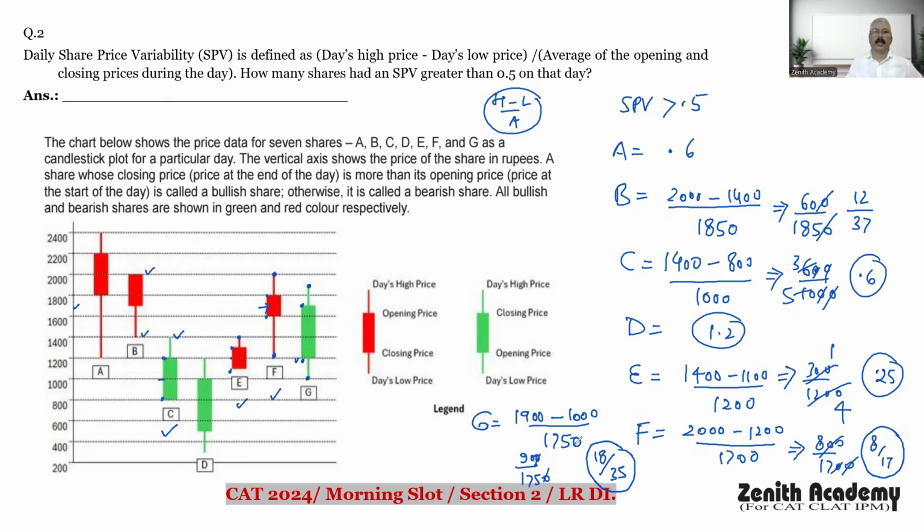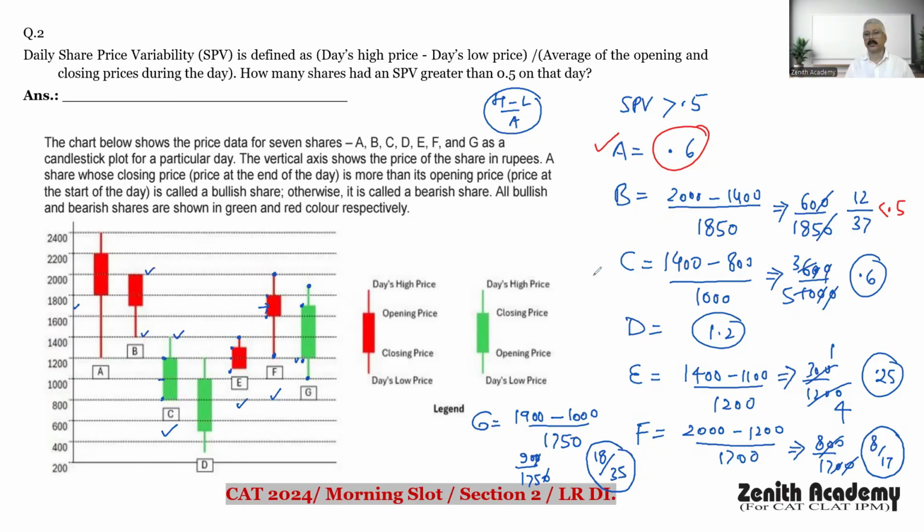Okay. Now the question is, how many shares had an SPV greater than 0.5? So here it is 0.6, so it is greater. 12 upon 37, see, if suppose it is 36, so 1 upon 3.333, right? When it is 37, it is less than 0.5.